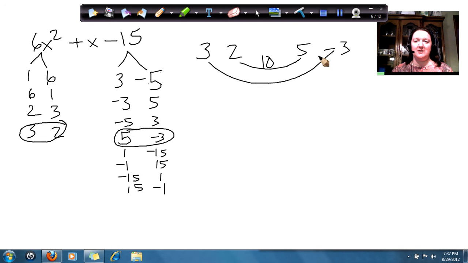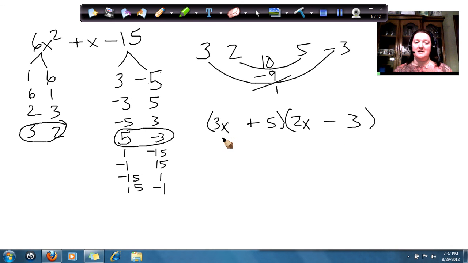If I multiply those together, it gives me a -9. So when I add those up, I get 1, which is what I'm trying to get in the middle. So if I put those here, I get a 3x and a 2x plus 5 minus 3.